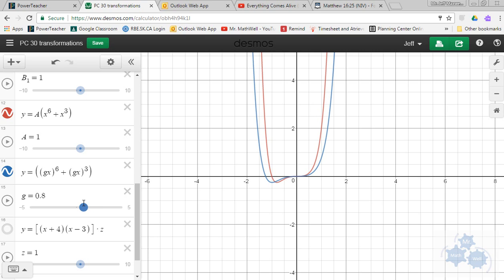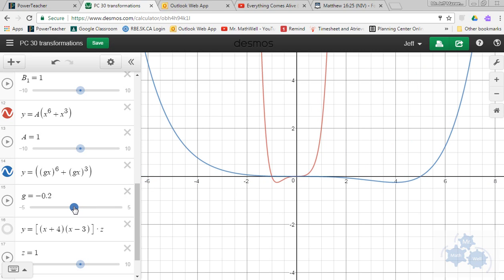If that number gets lower, so there's 0.5, look, each x value has been doubled. See that? 1 over 2. And so on. The closer you get to 0, the closer that graph gets to y equals 0.